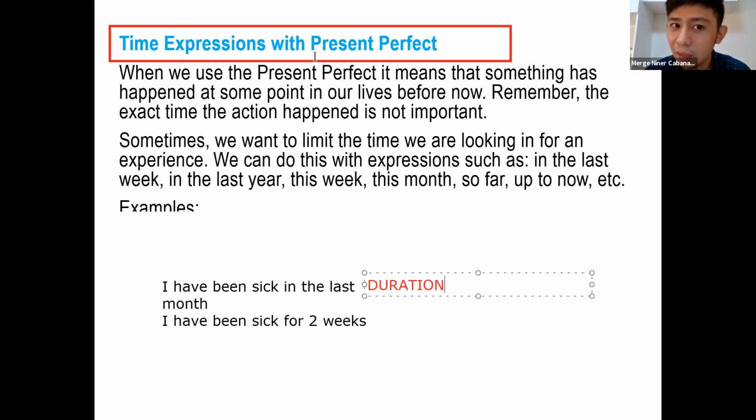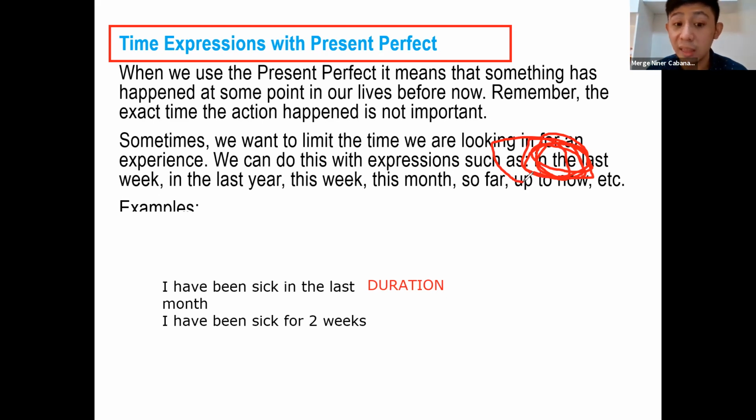Take a look. What are the time expressions that are allowed in the experiences sentence? So we can use in the last week. Remember, never forget the in the last week, in the last year, in the last month, in the last decade.